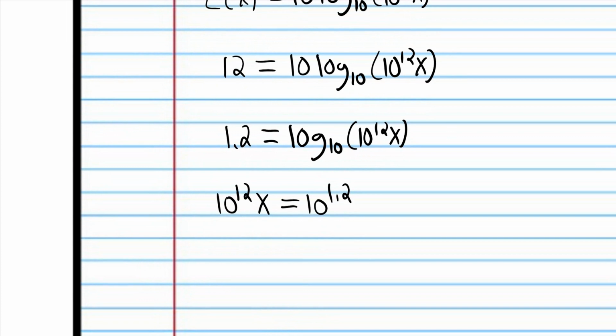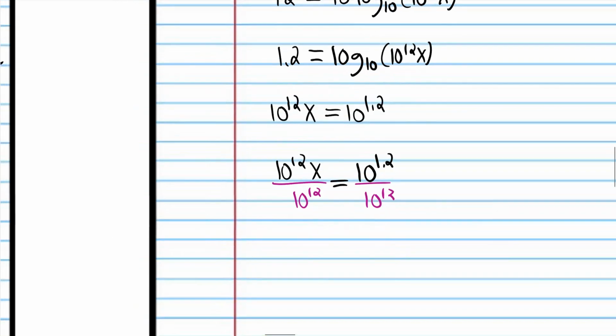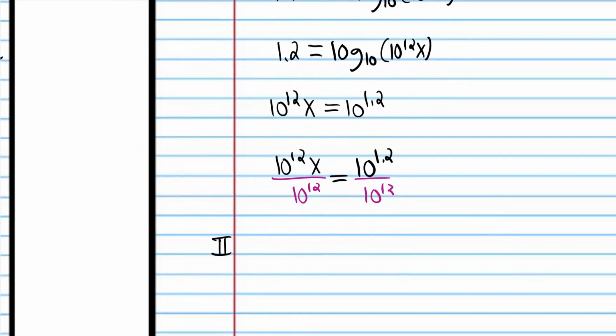Okay, so now we're going to divide both sides. You don't have to show the division if you don't want to, but I'm going to show it because this tends to sometimes confuse students when you have weird expressions that you're dividing. So we're now going to use exponent rule number 2, which means we're going to subtract the exponent. So we get 10 to the negative 10.8.